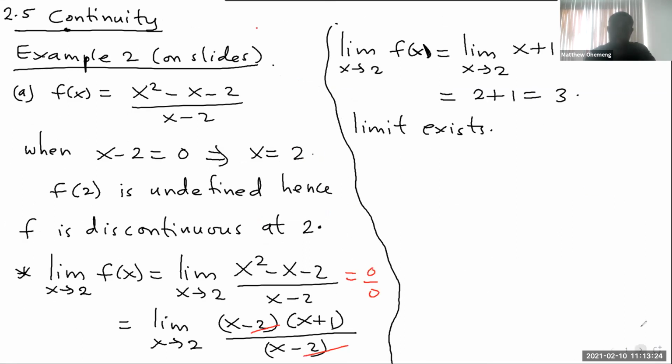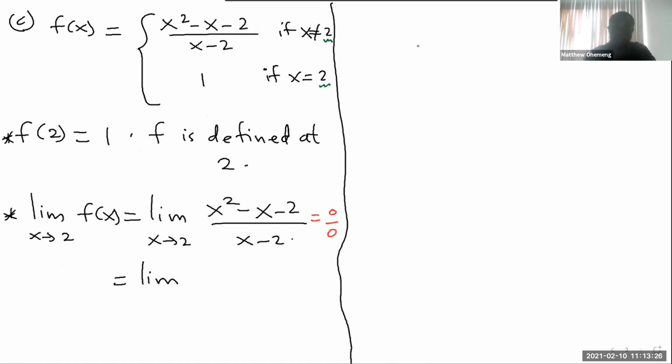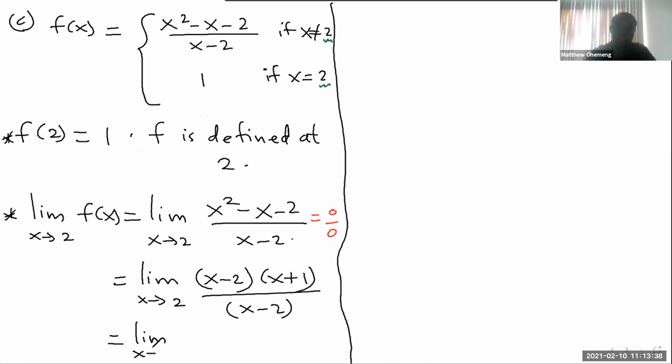So we can probably jump to the answer, but still, let me just go over this. So x squared minus x minus 2, here you factor it, you get x minus 2 times x plus 1 over x minus 2. So everything reduces to what? The limit as x approaches 2 of x plus 1, equal to 2 plus 1, which is 3, right? So that means the limit exists.